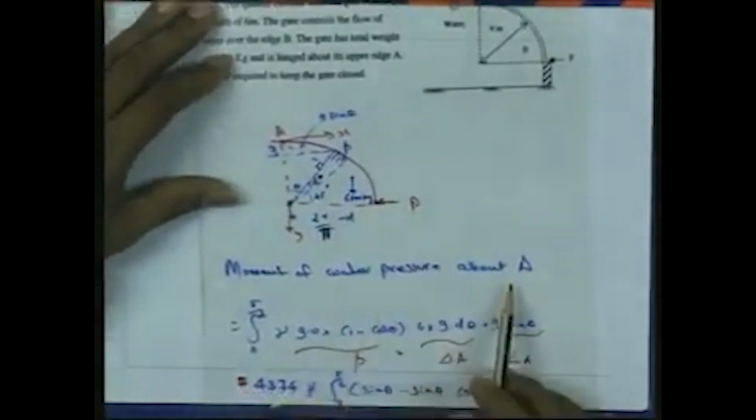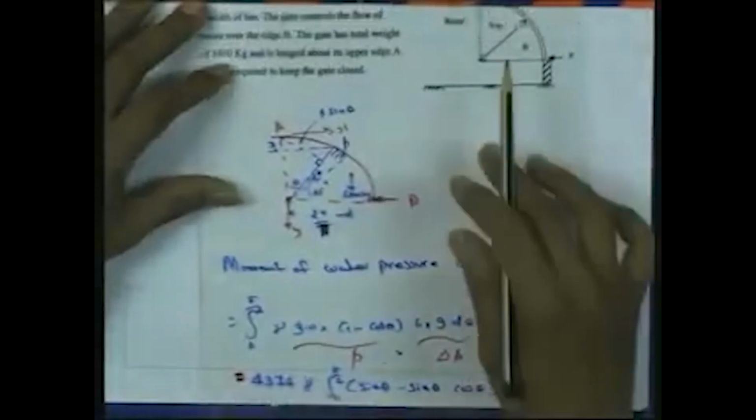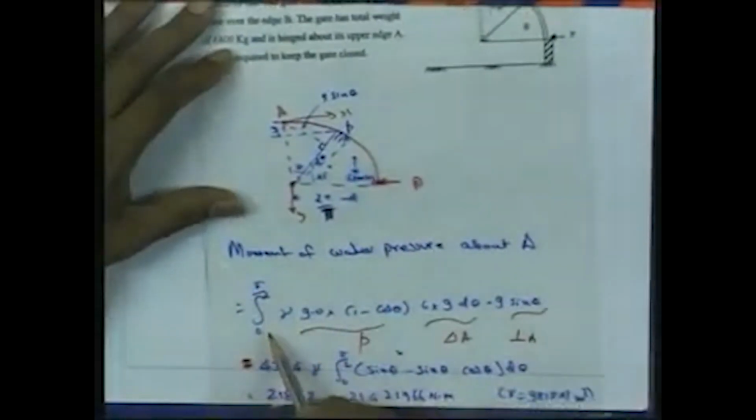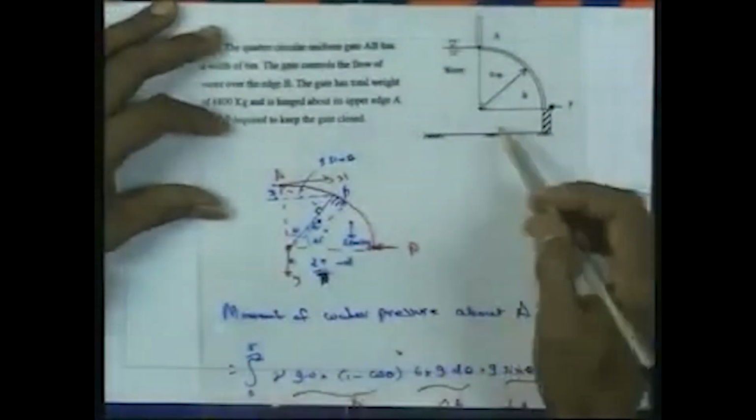If you consider this as y axis and then x axis, to solve this problem we can take the moment of water pressure about this location A. We can determine that by taking an integral 0 to pi/2, since this angle is 90 degrees.